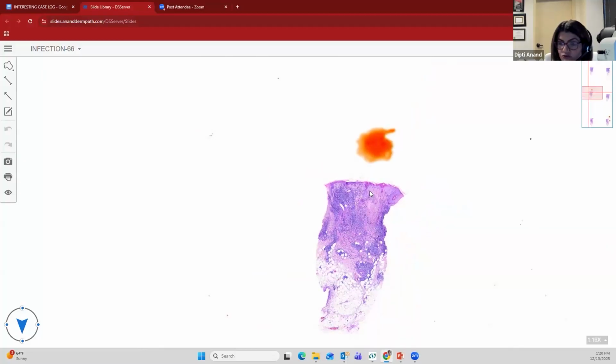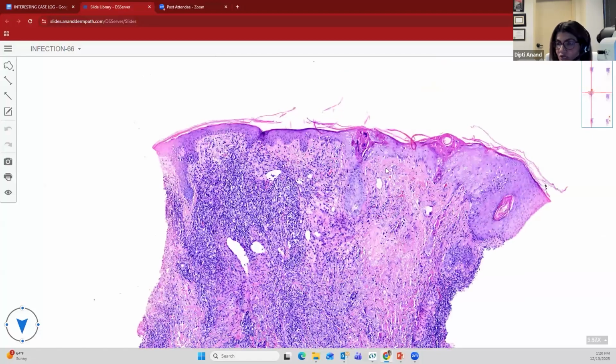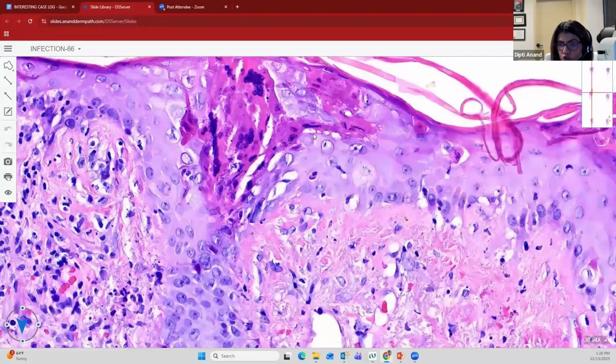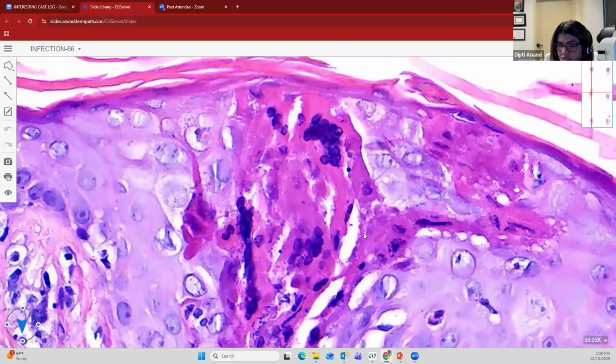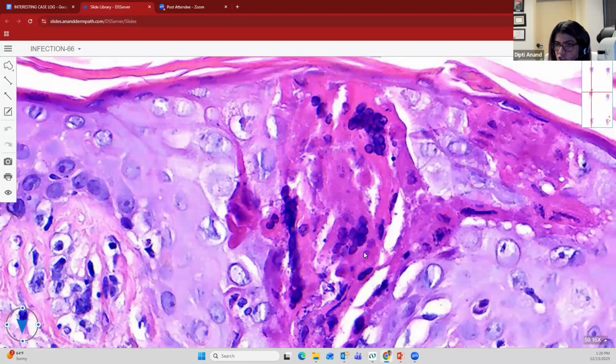It's almost always very inflammatory. So you can get superficial and deep inflammation, which could be very dense. You often get acantholysis, so it can mimic a blistering disease. And what you need to see are these cells with the classic viral inclusion, which are your 3 M's: multinucleation, nuclear molding, and margination of chromatin. So you need to see these viral inclusions to be able to call it that.